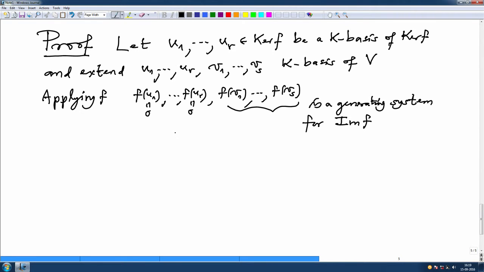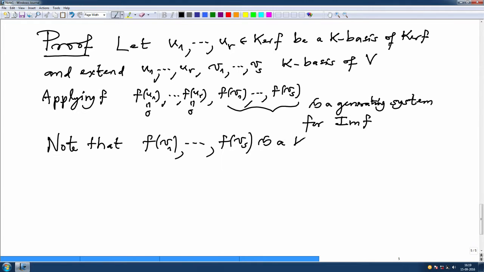So, first note that F of V1 to F of Vs is a k basis of the image.